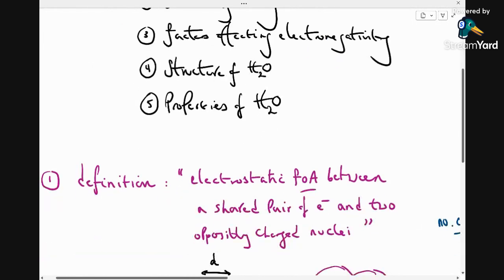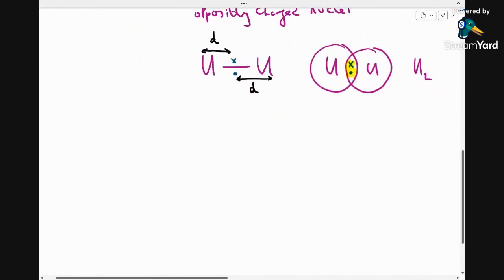And we will now look at electronegativity, which might be slightly new to you.